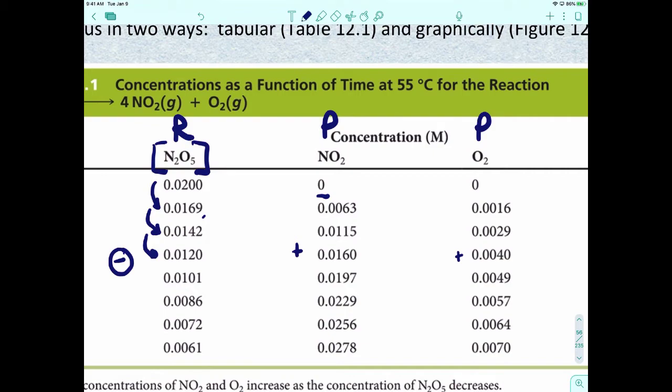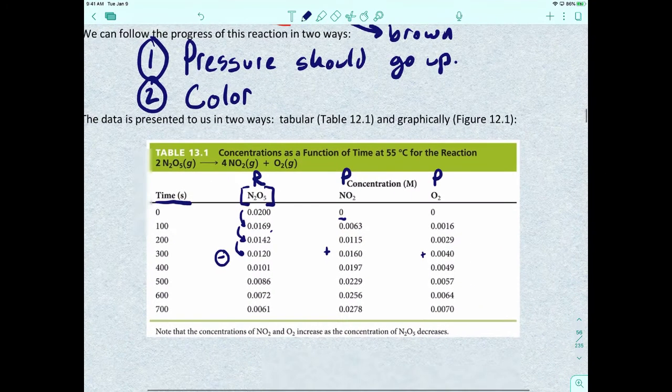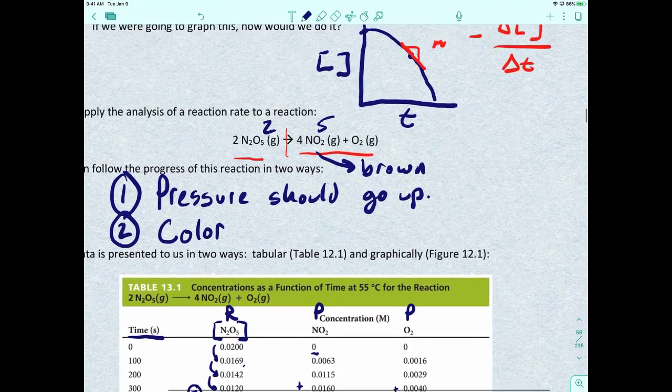Now here's the other cool thing. If you take a look at our chemical reaction again, it's saying that you're going to form 4 moles of NO2 and you're going to form 1 mole of O2. So if we're going to write a ratio, we would have 4 NO2s to 1 O2.